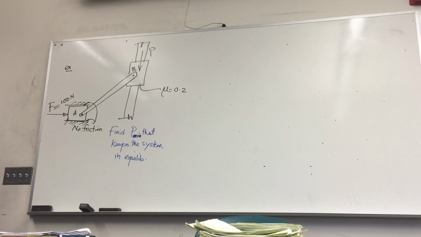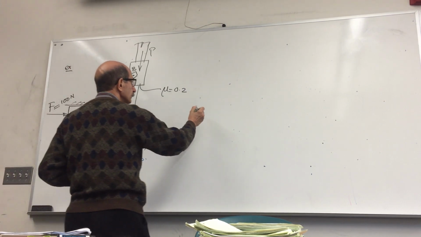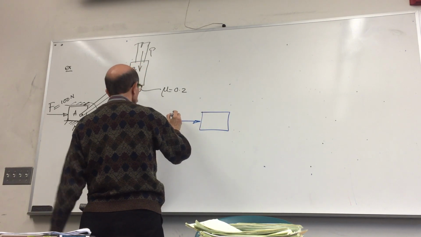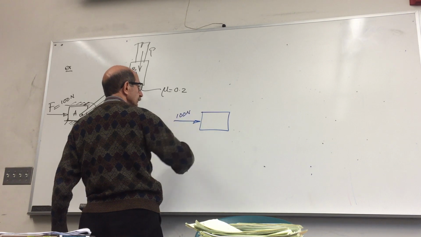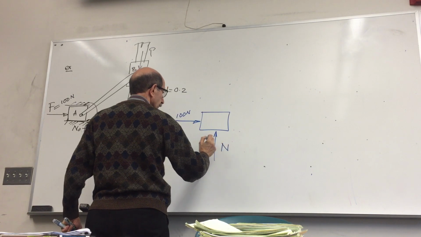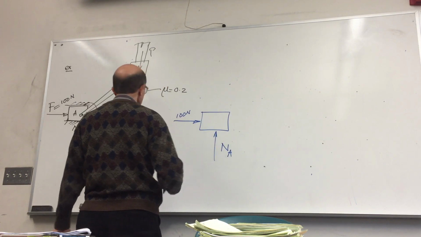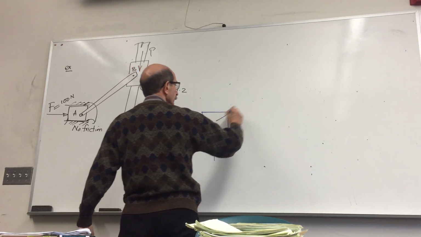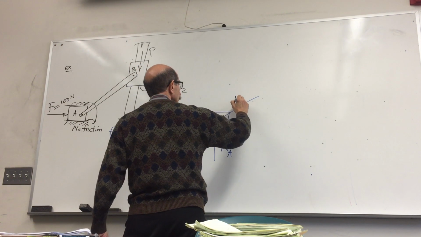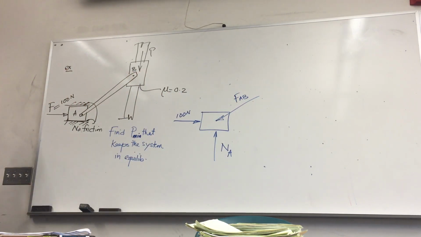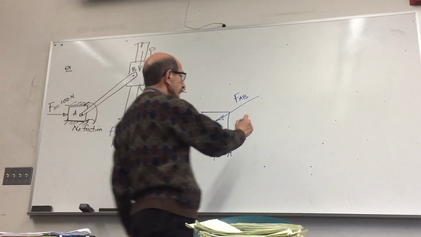Draw a free-body diagram of all pieces. You have this block here subjected to this lateral force of 100 Newton. It is sliding, so there's a reaction force N, and then due to this bar, which is a two-force member, there will be a force F_AB resisting that motion. So this is the free body diagram of this piece.